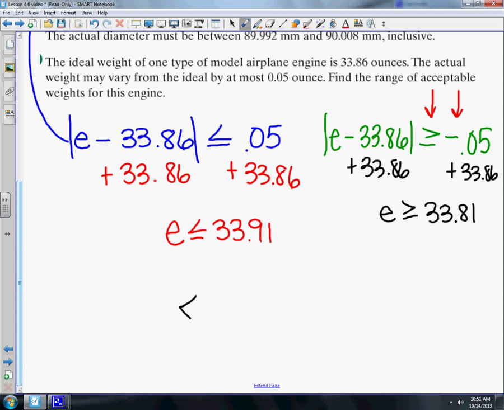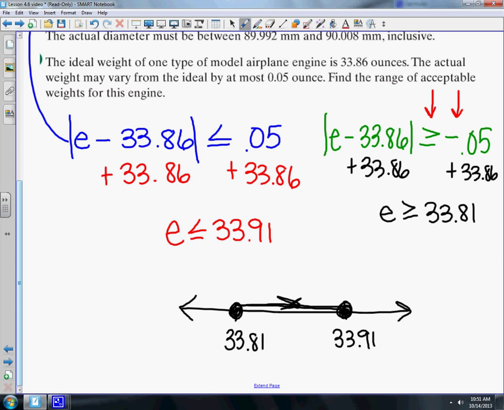Now I have two equations. So what I do is I draw my number line, okay, and I go to 33.91. I have a filled in circle, and it has to be everything less than. And then I go to 33.81. I have a filled in circle, and this is everything greater than. So here is an instance where everything in between is okay for that engine.